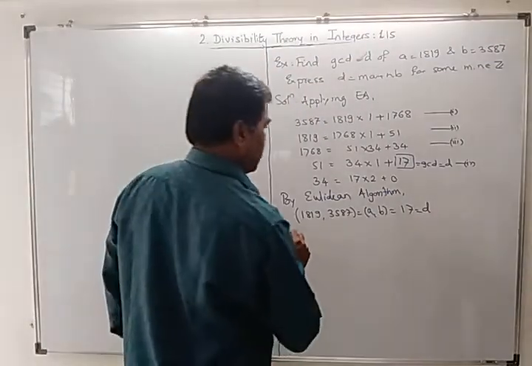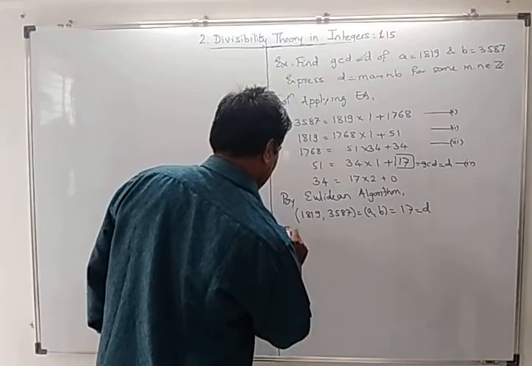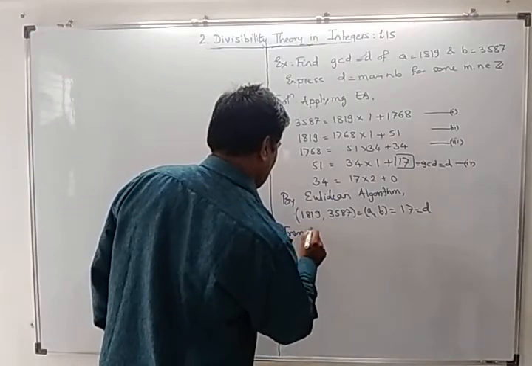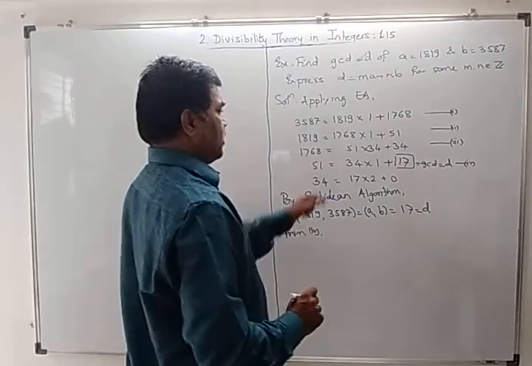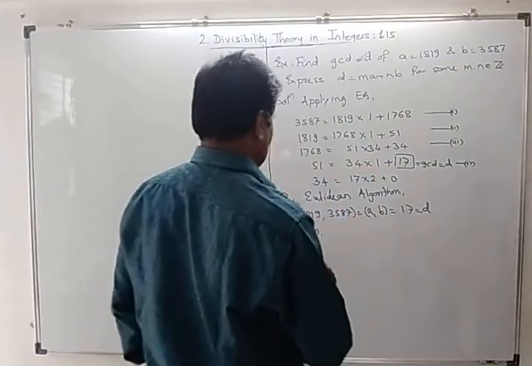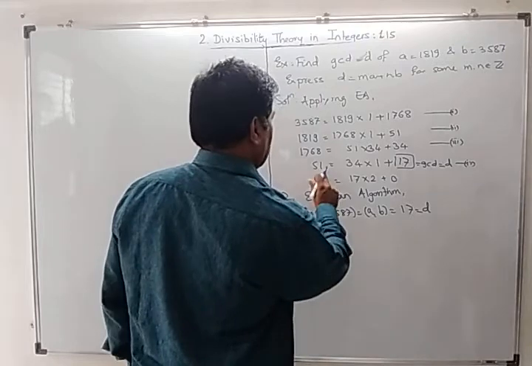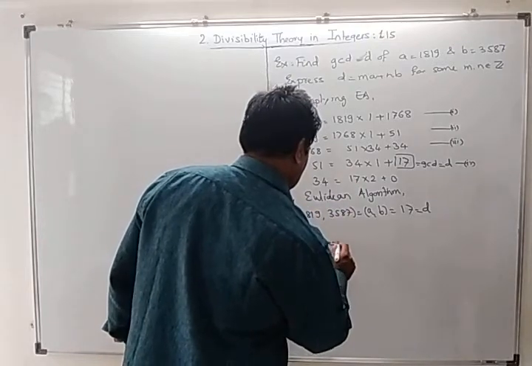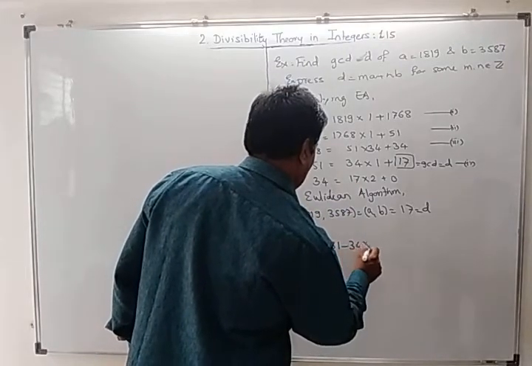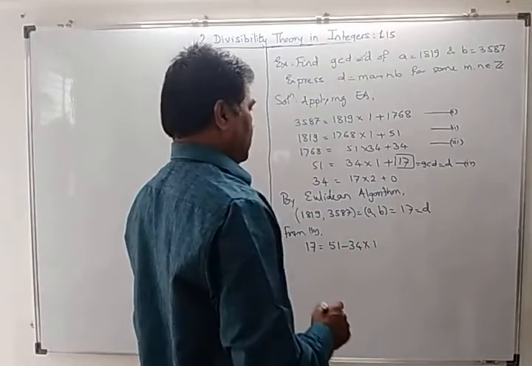So from 4, 17 is equal to 51 minus 34 into 1. Okay.